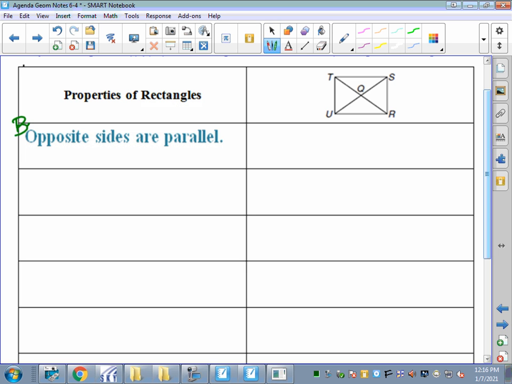And I should have typed in both pairs of opposite sides are parallel, because it has to be both. In section 6.3, I underlined the "and", it has to be both. So in this, we could say that side TU is parallel to side SR, and side TS is parallel to UR.